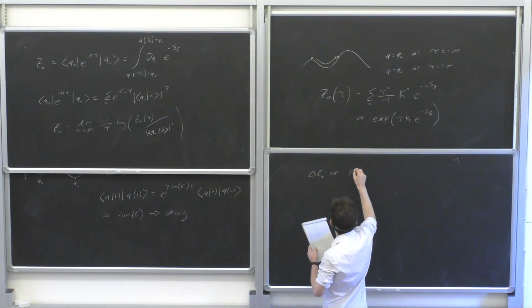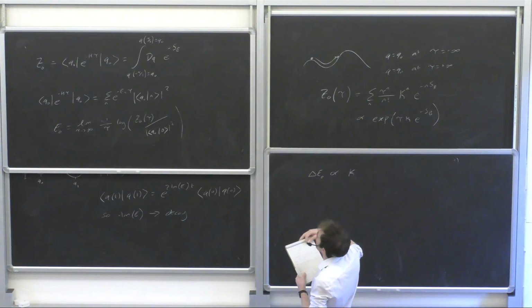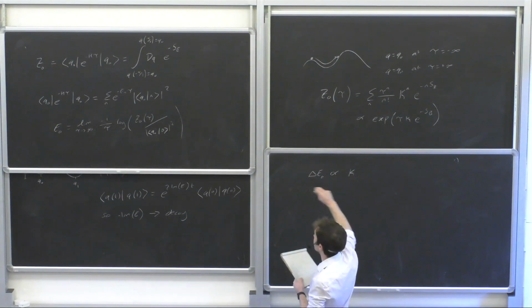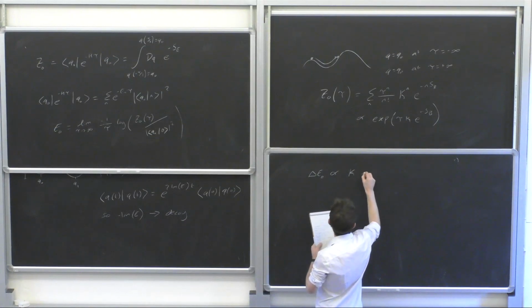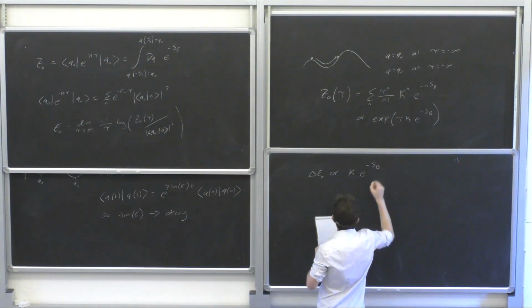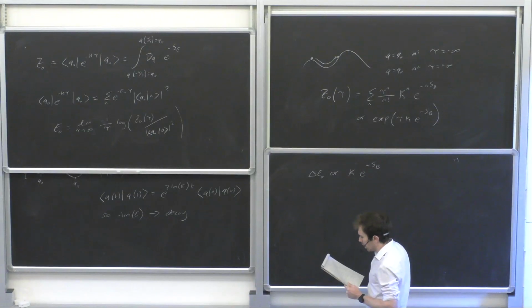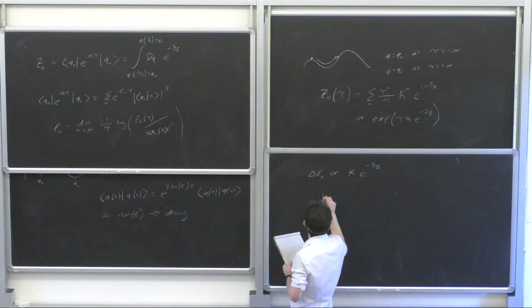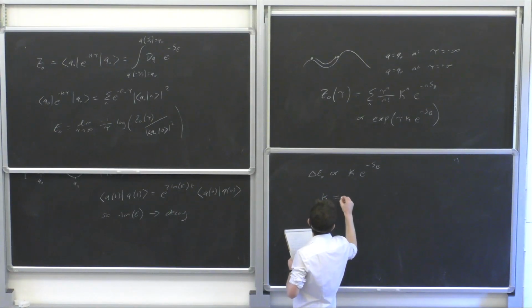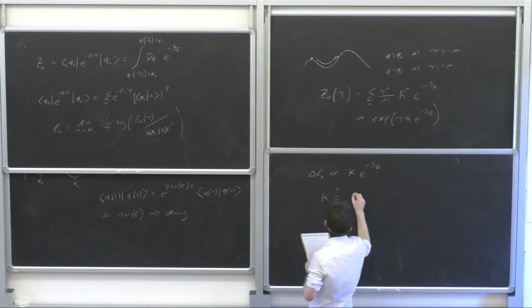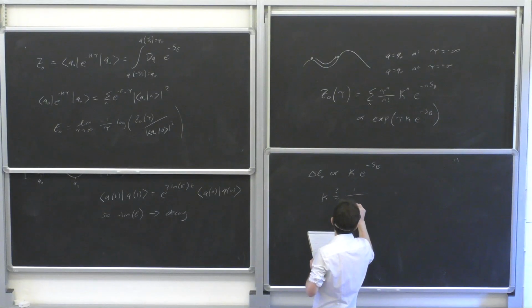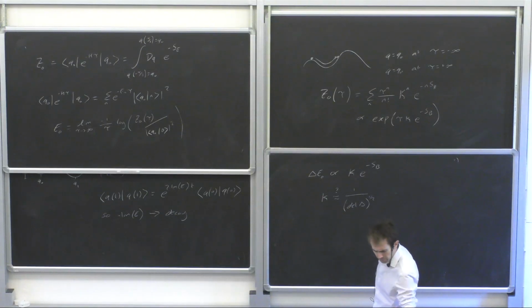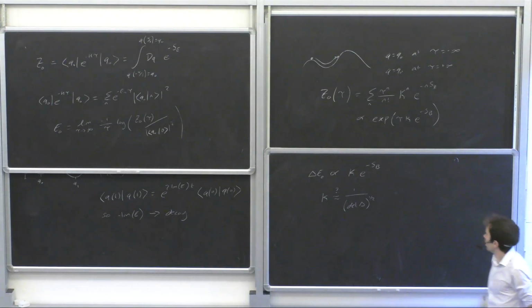The factor of tau cancels, which is good, and then e to the minus S bounce. So far this all seems standard.